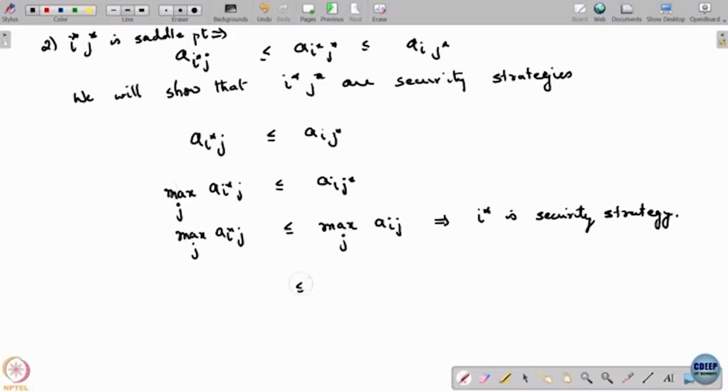From the first inequality here, the left hand side is now not a function of i and the right hand side is a function of i.